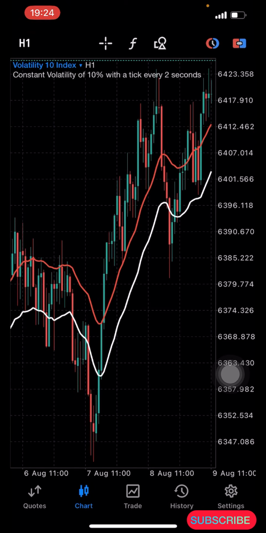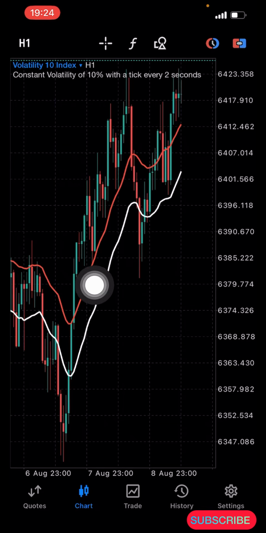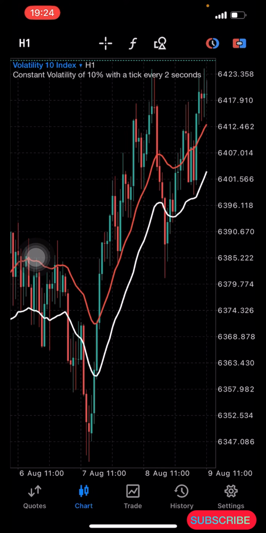You want to see that price is going up whenever it makes a reversal. As you can see, it made a reversal here. It breaks below this white moving average and then comes back into the moving average again. You can see it closed above the moving average. This is showing you that price will still go up again.